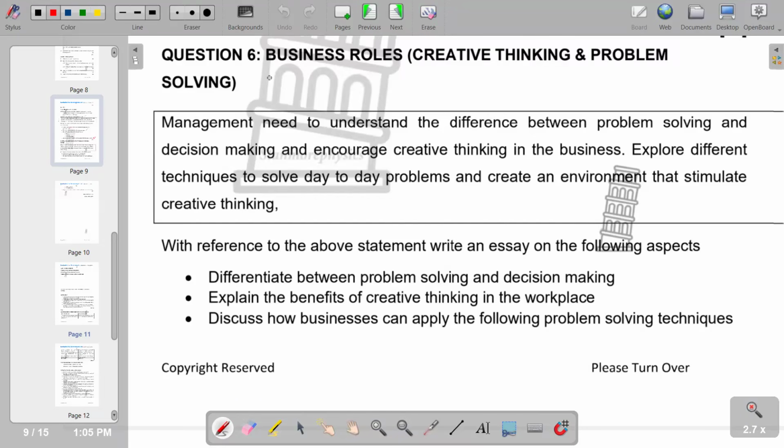Lesson 6 is on business roles, and our essay is on creative thinking and problem solving. So we've got also information that we're given that you need to go through. So the question reads, with reference to the above statement, write an essay on the following aspects: differentiate between problem solving and decision making, explain the benefits of creative thinking in the workplace, discuss how the business can apply the following problem solving techniques.